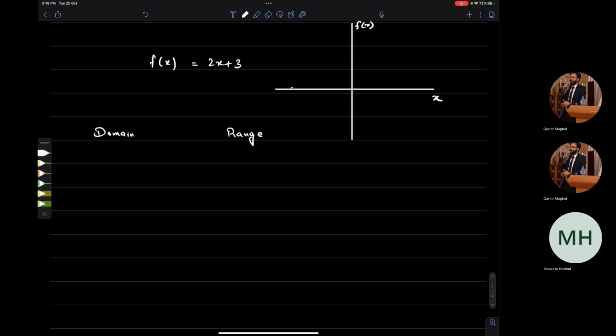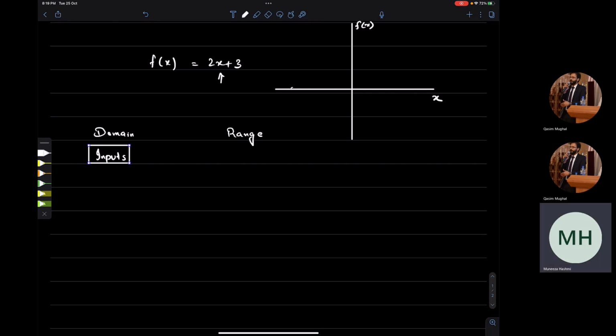Domain means, whenever we talk about the domain of the function, that is basically the value of x. Whatever value we can plug into the function is known as the domain. So in short, the inputs are known as the domain.